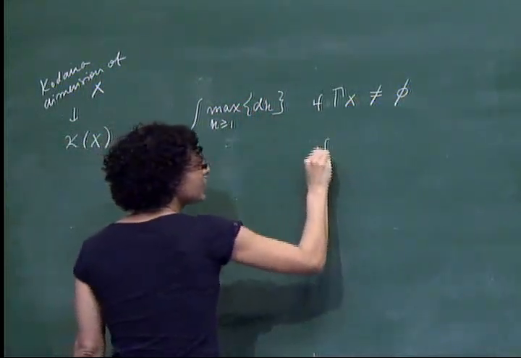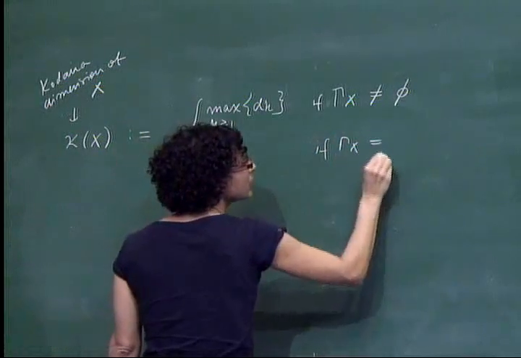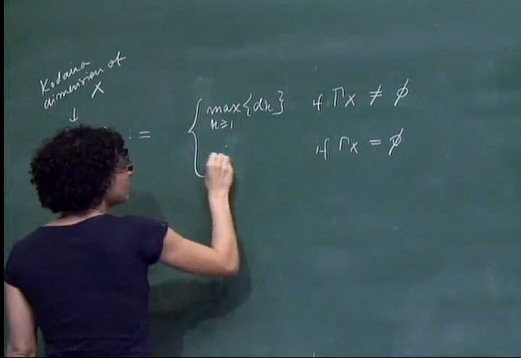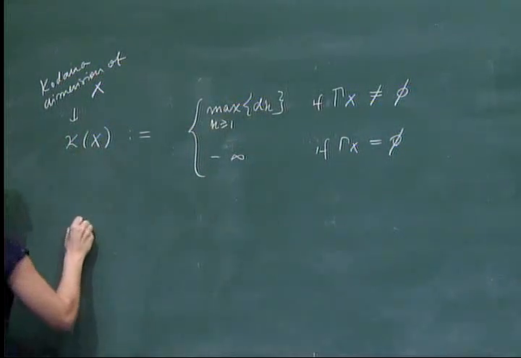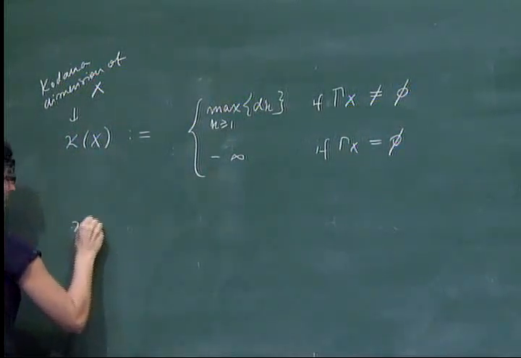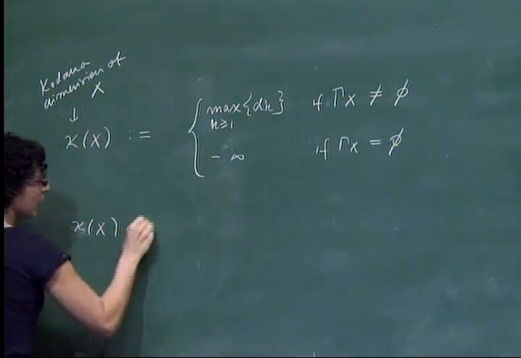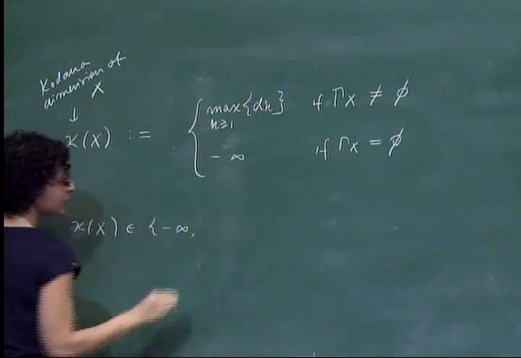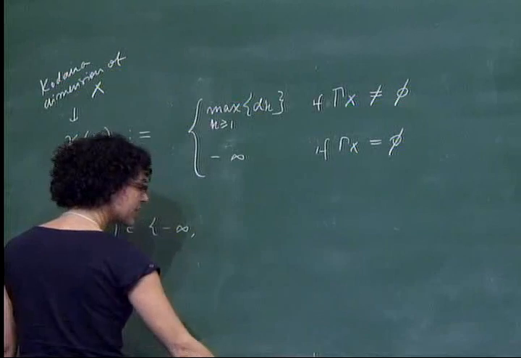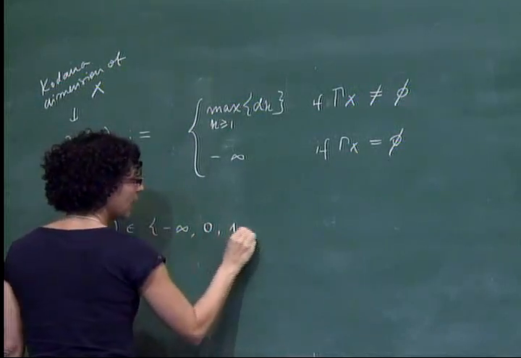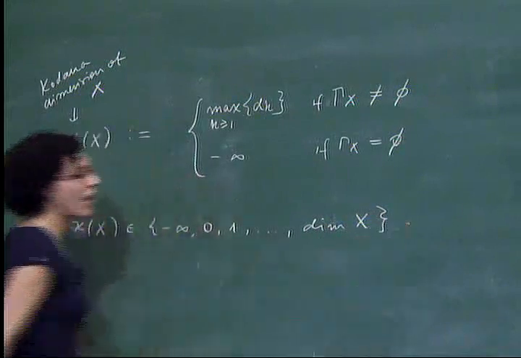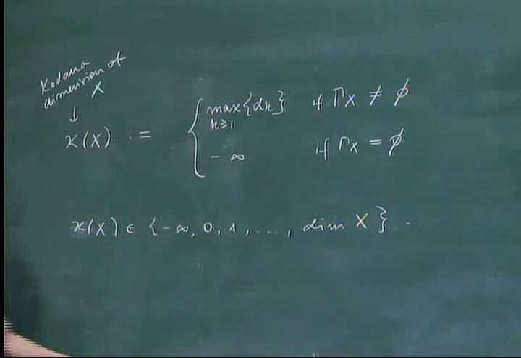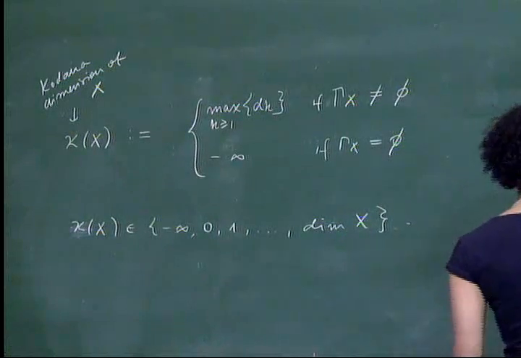And if this set is empty, then we define this to be minus infinity. So this Kodaira dimension can be either minus infinity or a non-negative integer less or equal than the dimension of X. And we have already seen some examples.